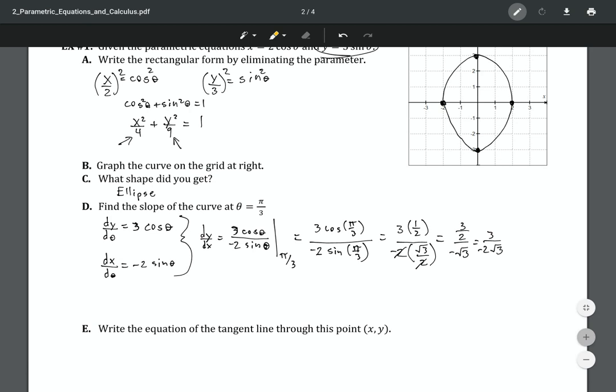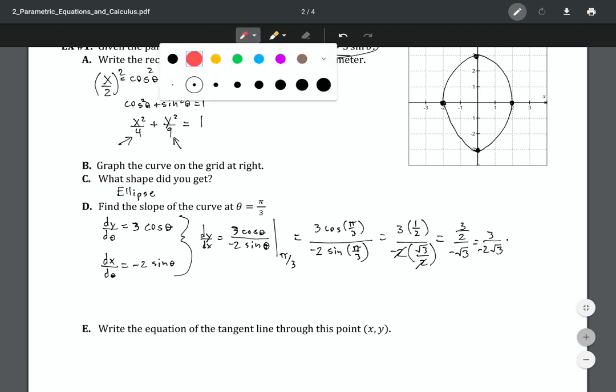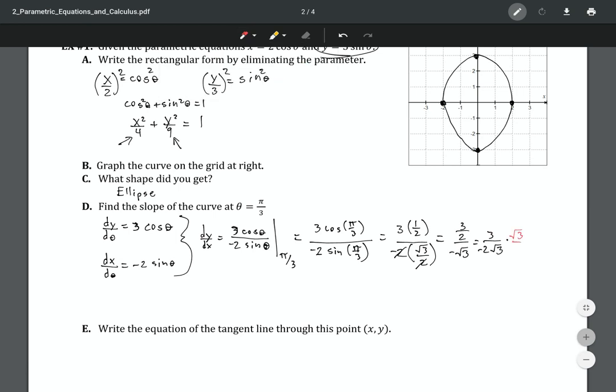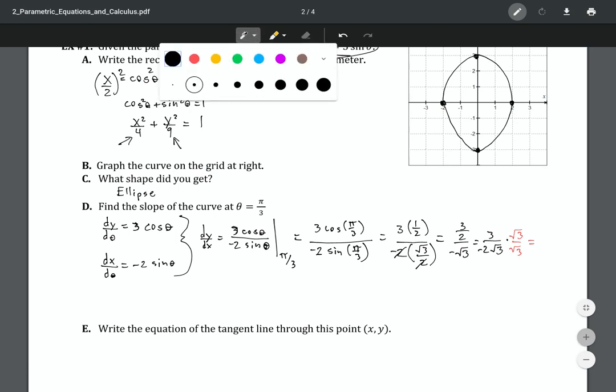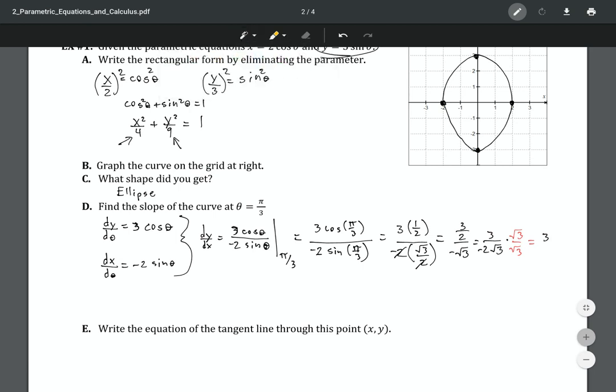All right. And then if I multiply top and bottom by the square root of 3, that's going to give me, and all this after that point really you should be able to do on your own, negative 6 here.